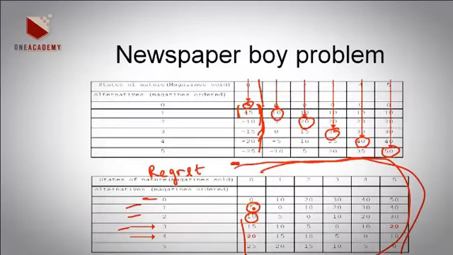So what happens here? I have shown you how to construct the matrix of regret. Now, looking here, in the first row, the worst possible alternative is 50. In the second row, the worst possible alternative is 40. Here the worst possible is 30. Here it is 20. Here is 20, and here is 25.